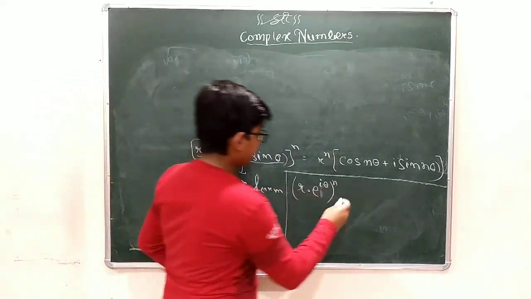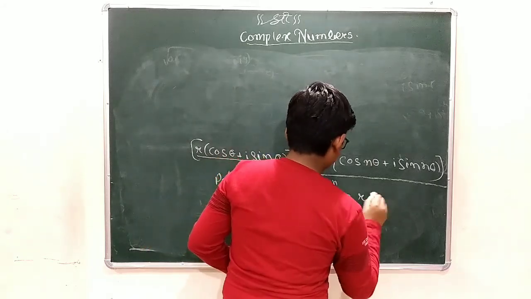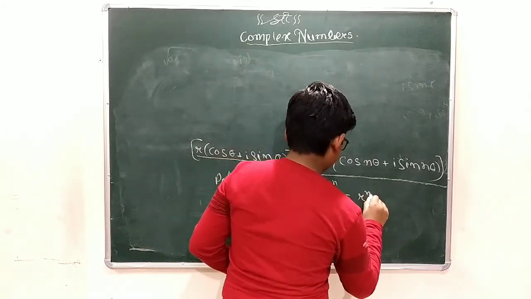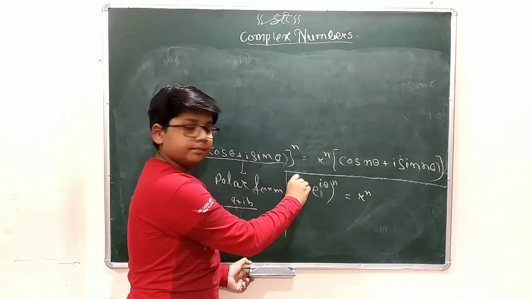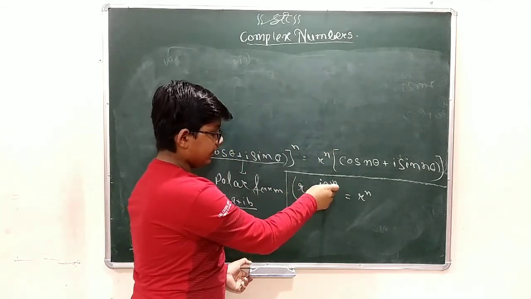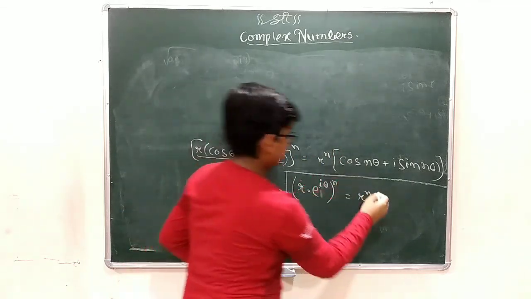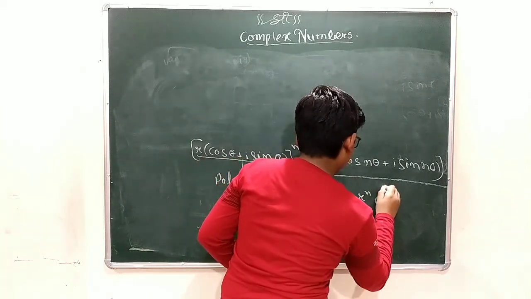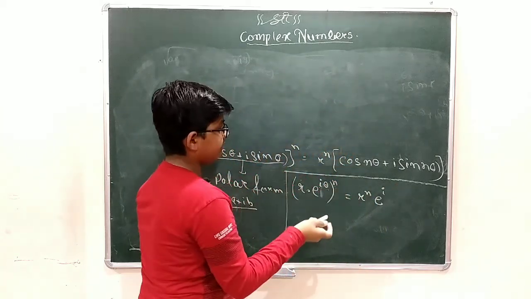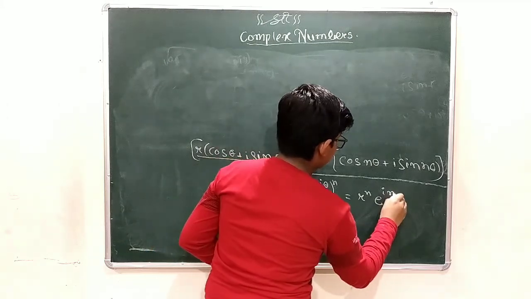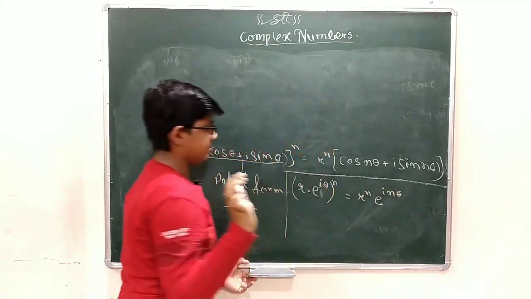Now we can multiply it. So we'll get r to the power n into e to the power I theta into n. Instead of writing theta n, we are going to write it as n theta.